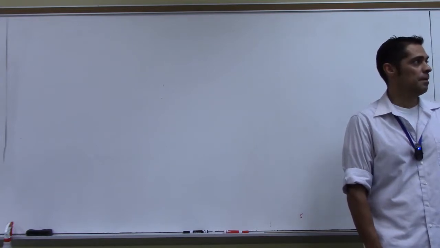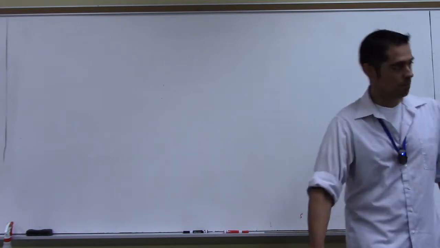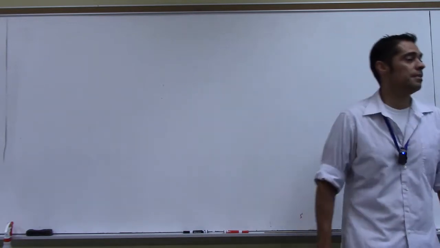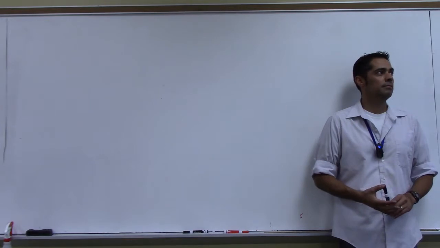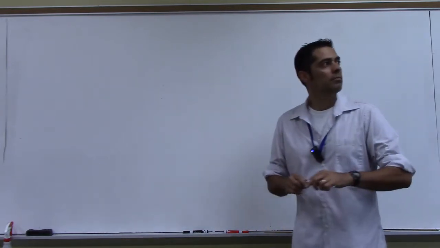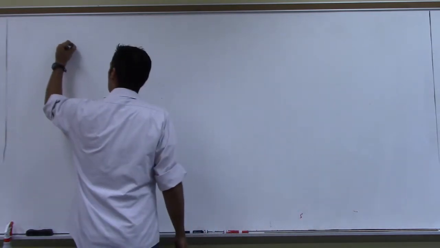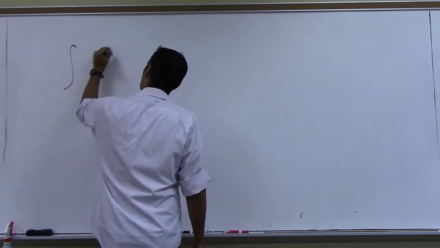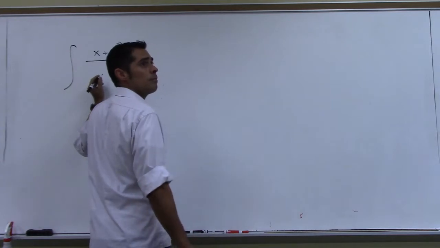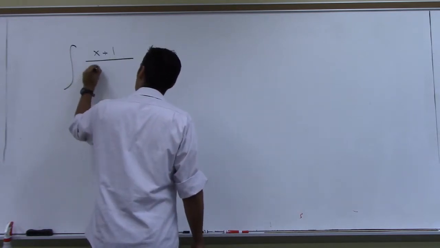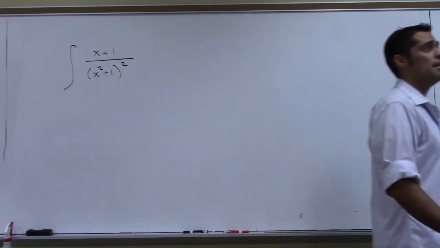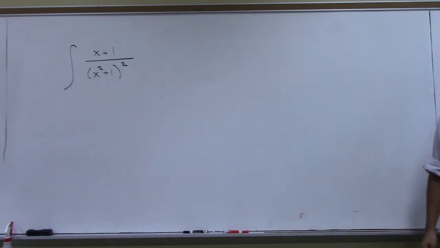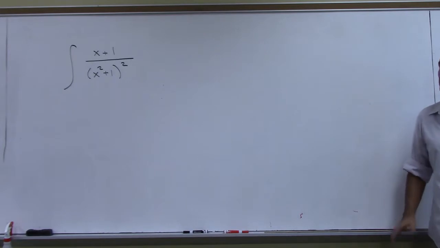Do you see that it's repeated, it's squared? So can we handle this? It's the same exact thing as before, right? I mean, linear over irreducible quadratic, but this time it's repeated. All right, let's try the same method.